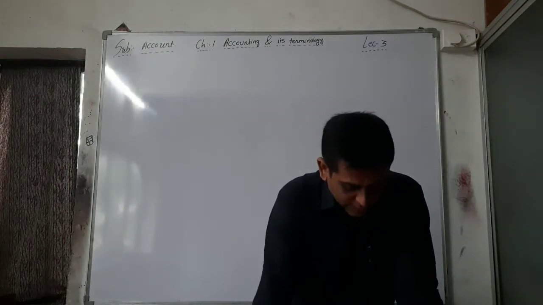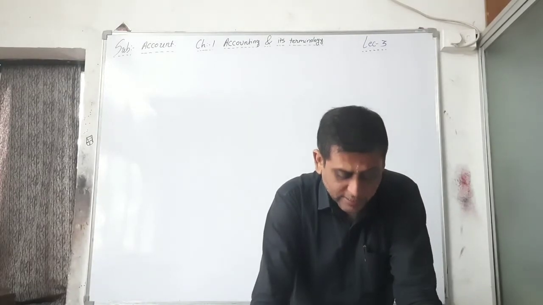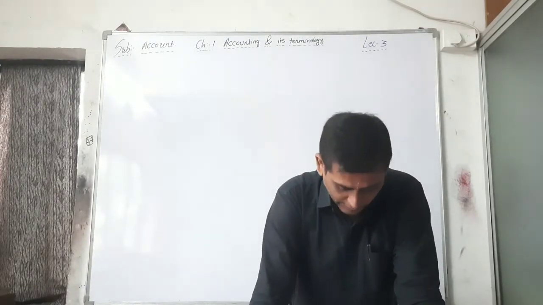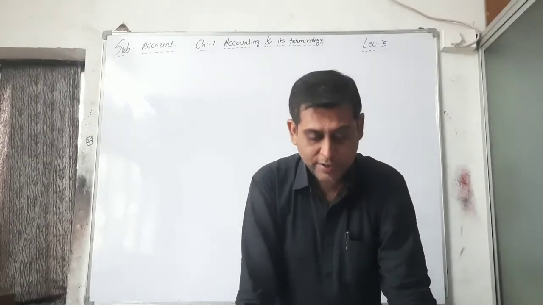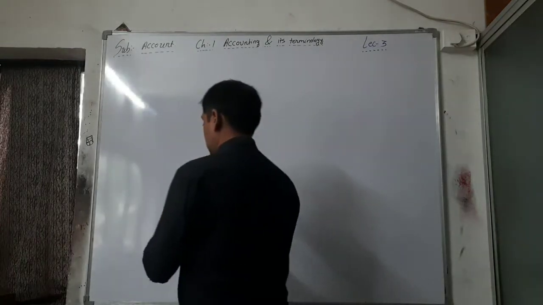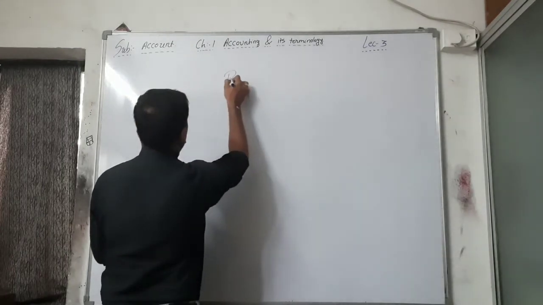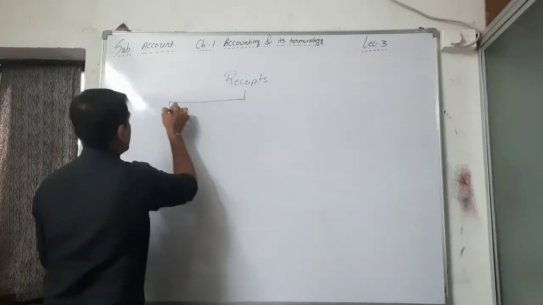These receipts are categorized into two categories. First is regular receipt, which is known as revenue receipt, and the other is capital receipt, which is not regular in nature. Okay, so here there are two parts of receipts.